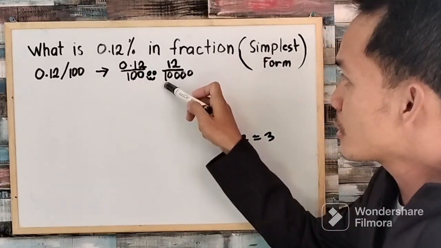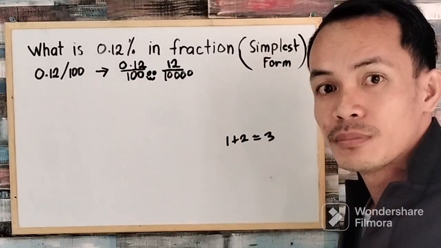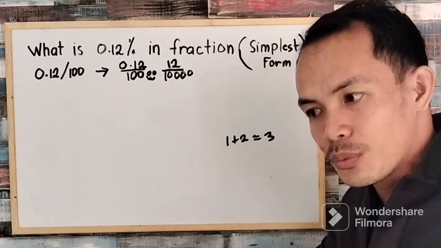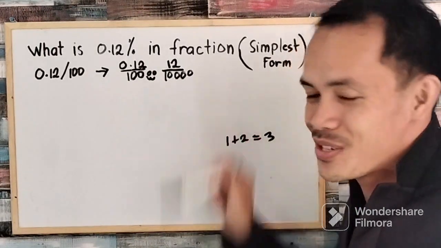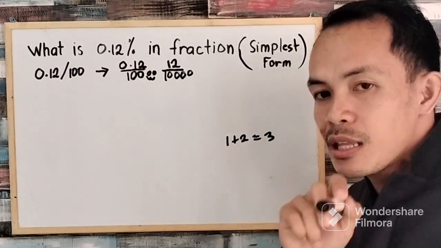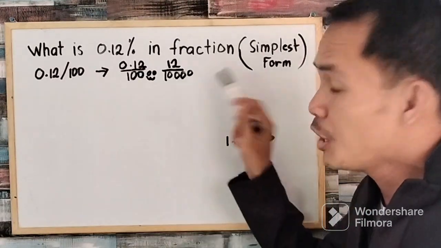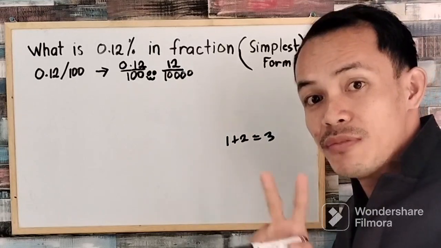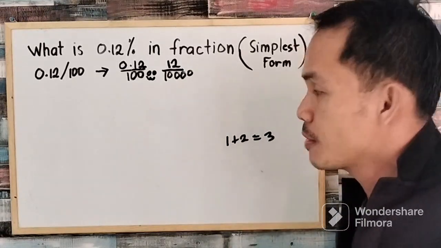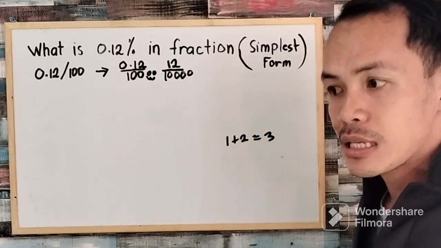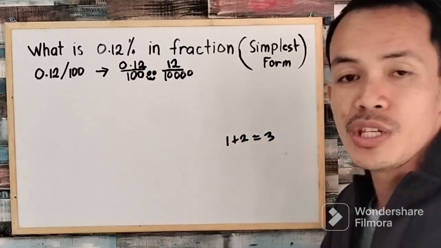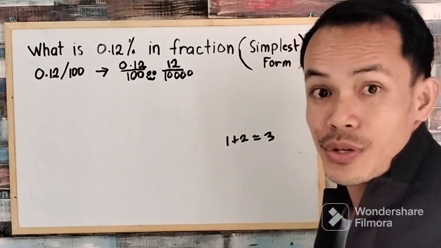Now, is 10,000 divisible by 4? What are the last two digits? We have 0 and 0, right? I said a while ago that if the last two digits of a number are divisible by 4, that means the number is divisible by 4. But here, the last two digits of 10,000 are zeros.